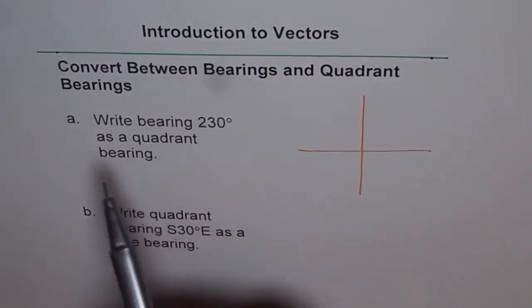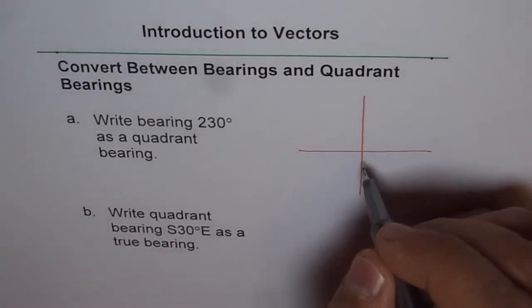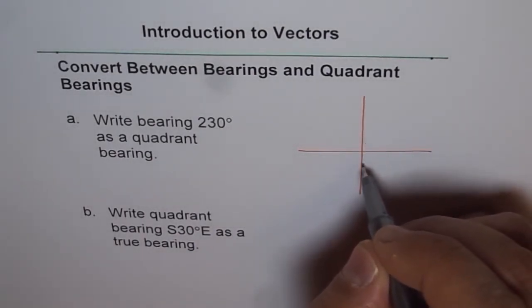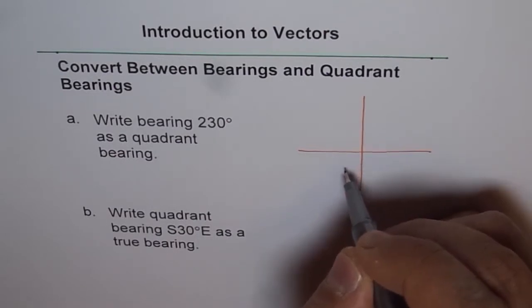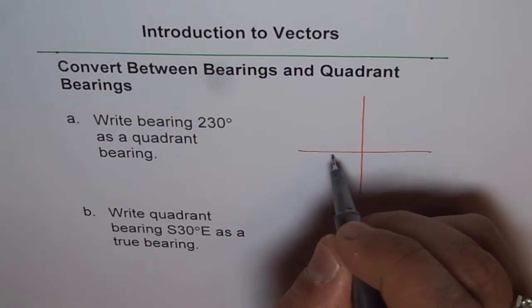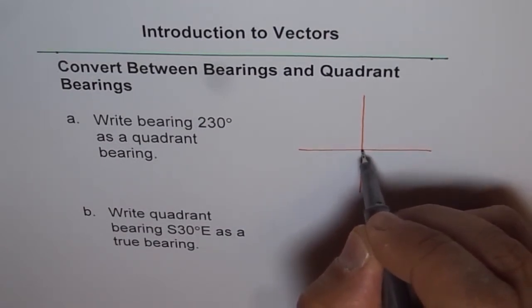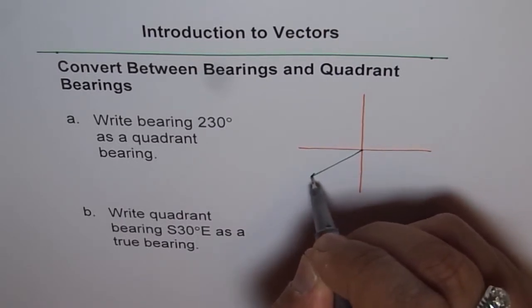We want a bearing of 230 degrees. So 230 degrees means 180 plus 50, right? That gives you 230. Or you could say 270 minus 40. Either way. So let's say approximately this is that bearing.